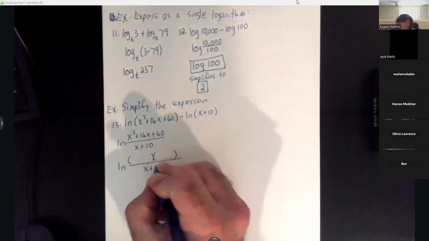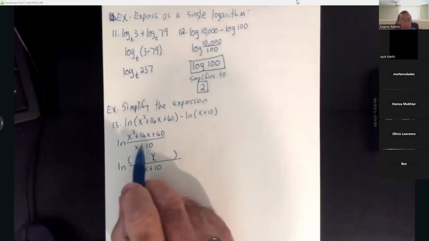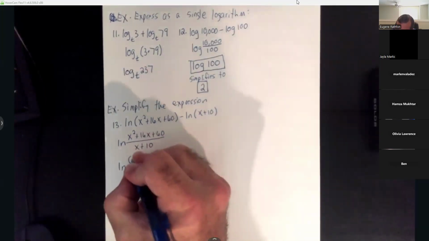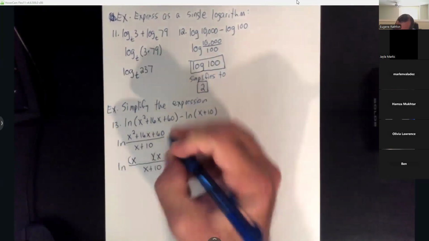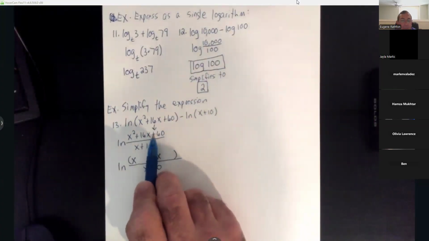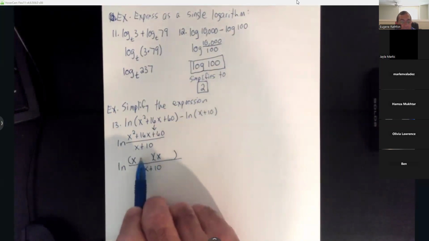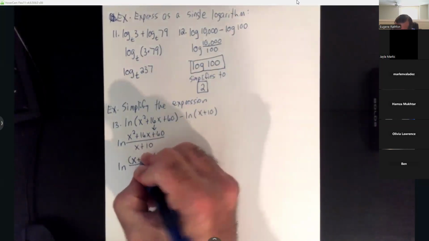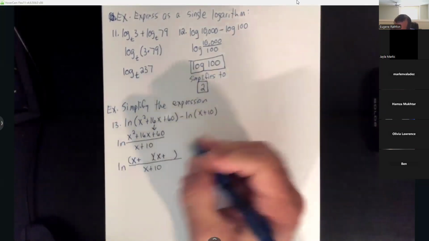So the bottom's going to stay at x plus 10. All right, y'all, so let's factor this top. X squared is an x and an x. This last number's positive. Anytime the last number's positive, both of these factors will be the same sign as the middle. So both of these factors are going to be positive.